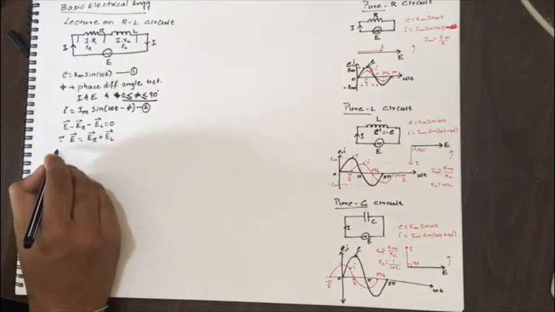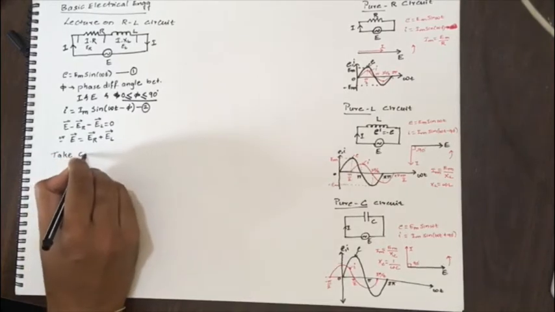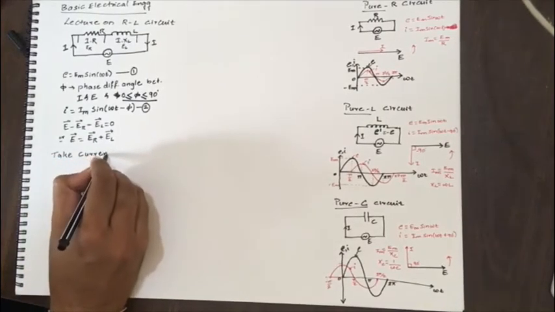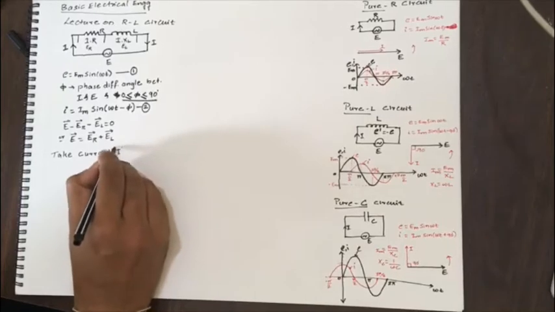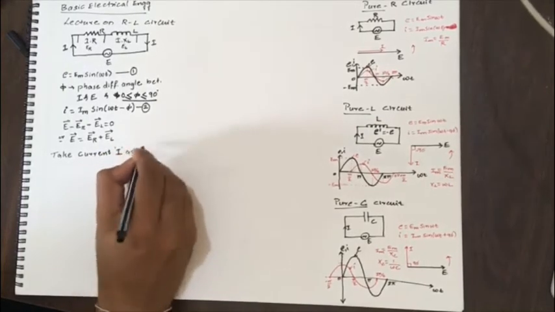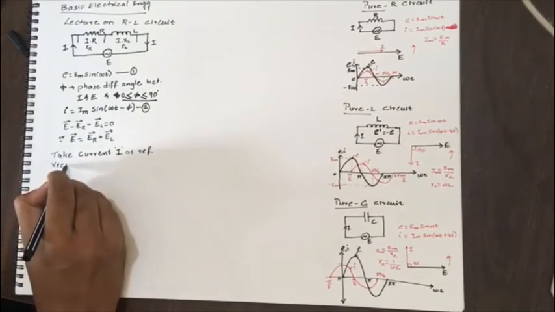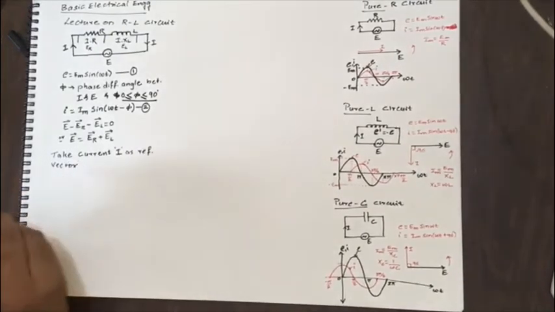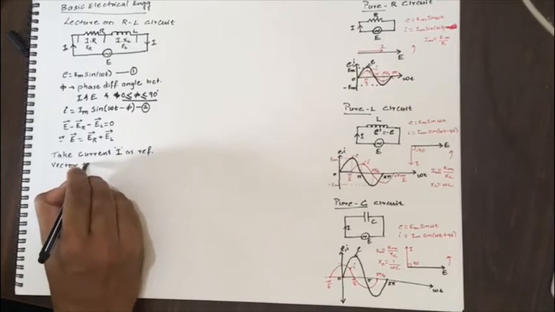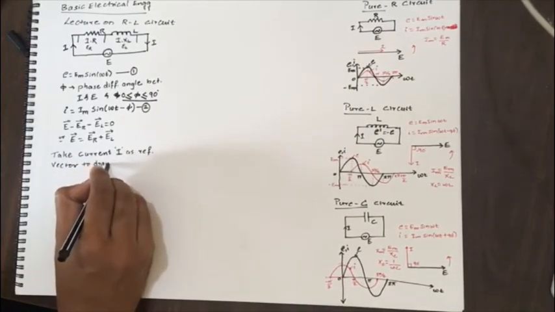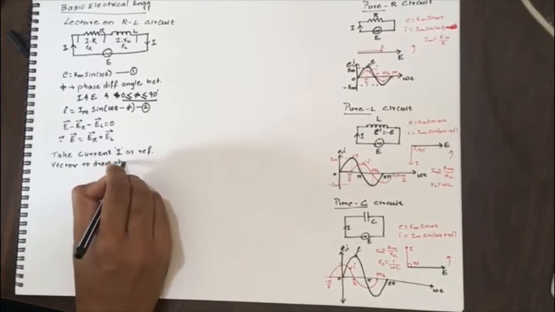So take current I as reference vector to draw the phasor diagram.